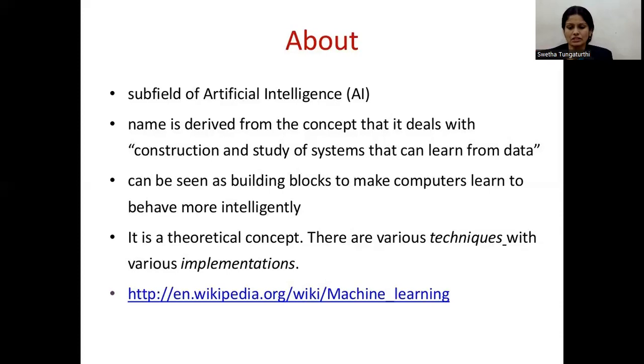Before applying machine learning to any algorithms or models, first it is a theoretical concept we need to learn, and there are various techniques with various implementations. So once we know the theoretical concept of machine learning, then the various techniques available, and the various implementations, we can choose which technique and which implementation model to use for what particular purpose or real-time application.